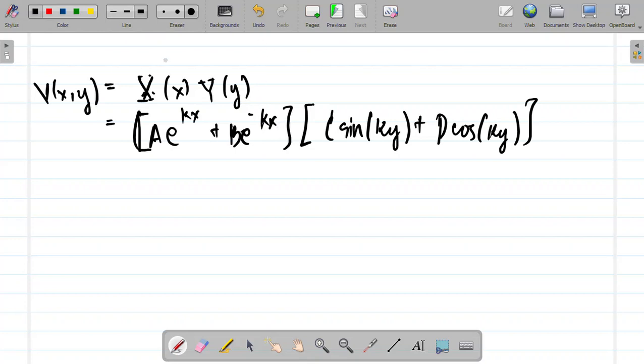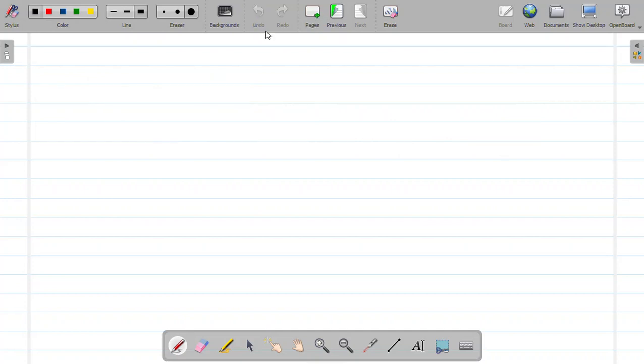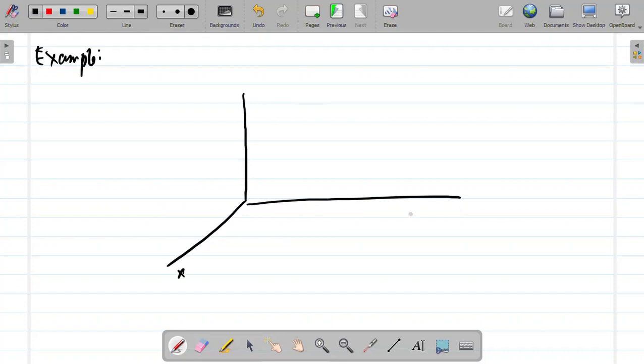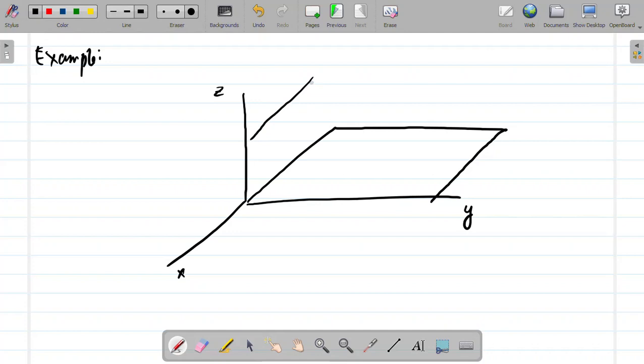So, sample problem tayo. So, example, we have two infinite grounded metal plates parallel to the XY plane. Medyo mahirap to. So, meron tayong X, Y, Z. Sabi, may isang grounded, take note class, infinite na grounded, then may isa ring infinite na grounded dito sa taas.